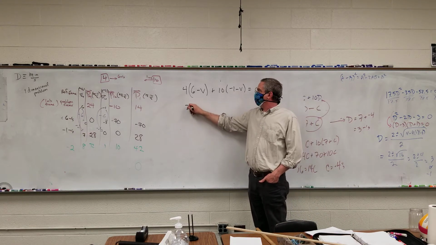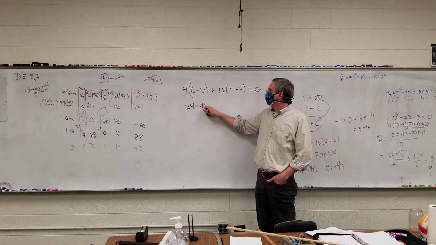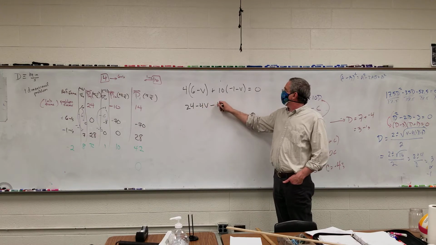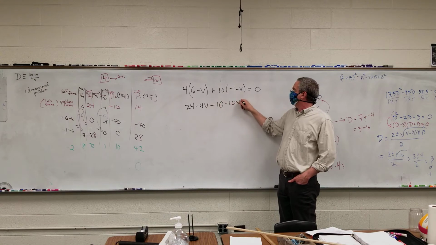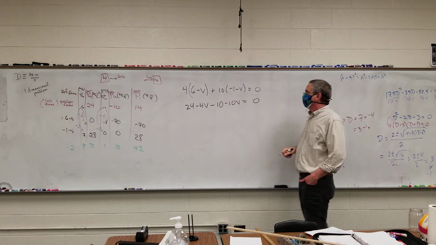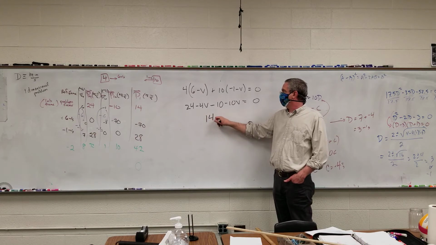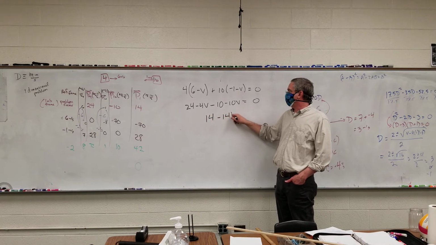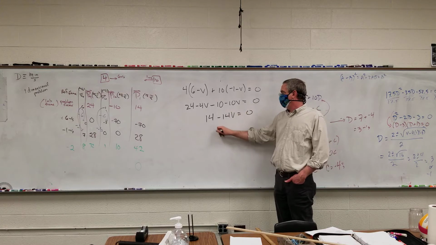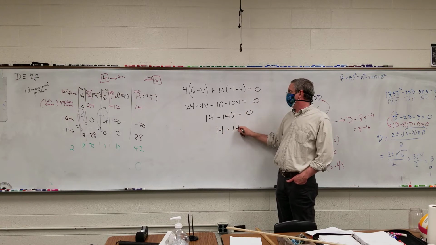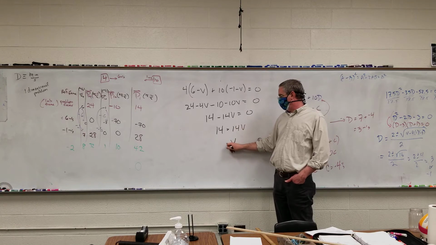So I get 24 minus 4v minus 10 minus 10v equals 0. I have 14 minus 14v equals 0. 14 equals 14v. V equals 1.